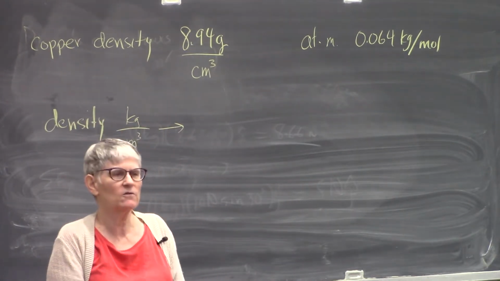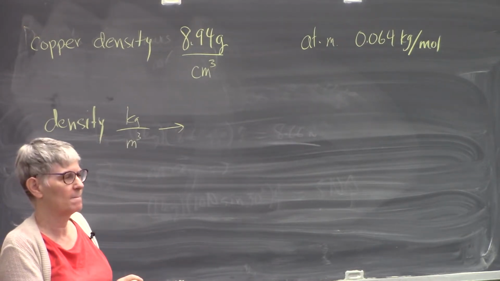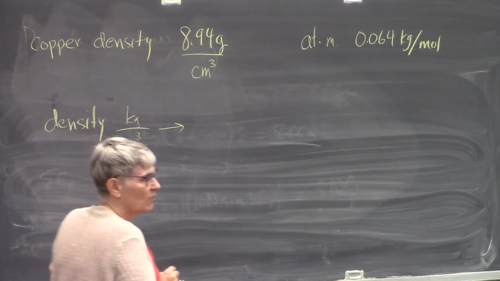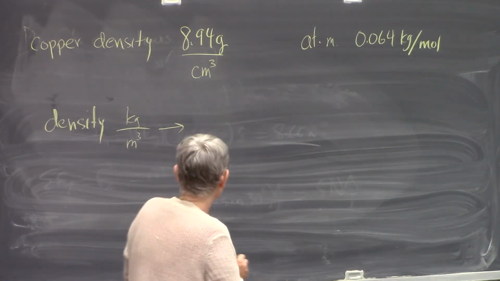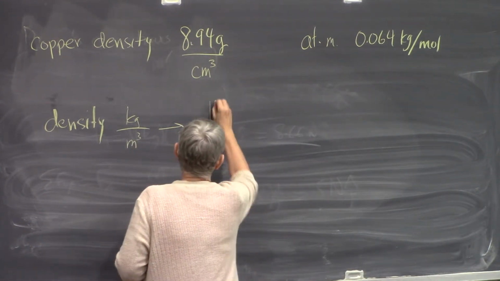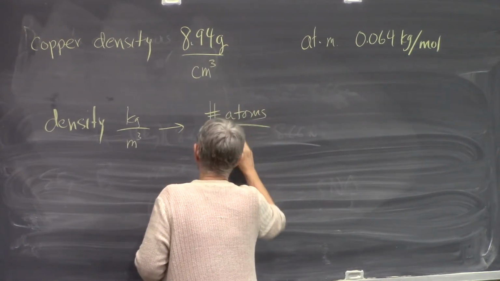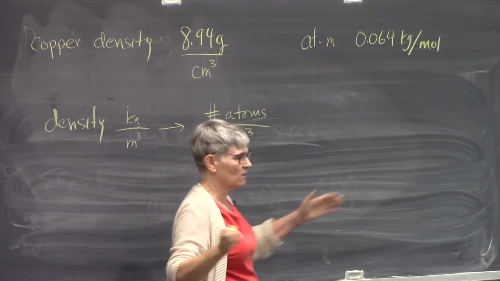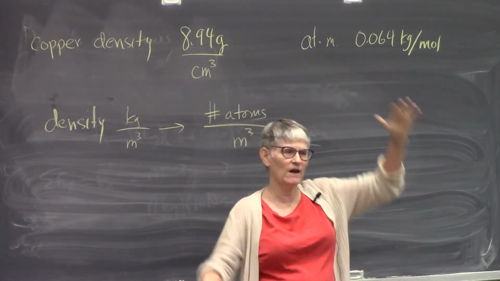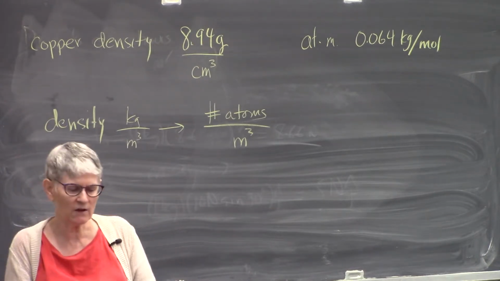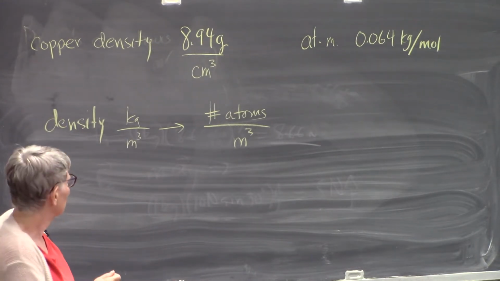What could we get to from that? The number of atoms? Okay, so we really want the number of atoms in our cubic meter, which is a lot of atoms, right? Cubic meter is big.